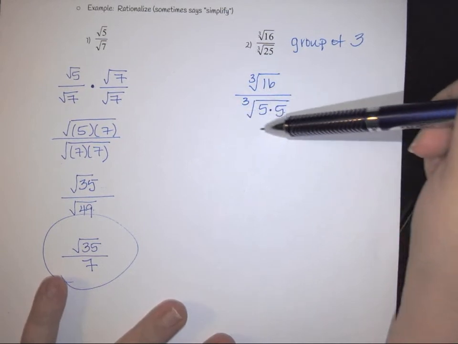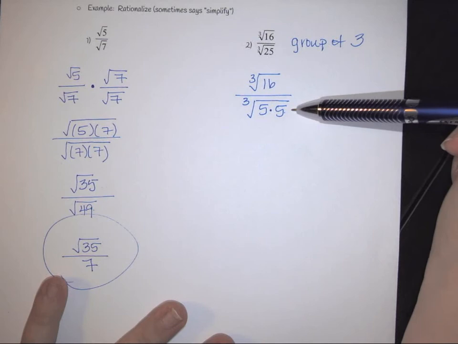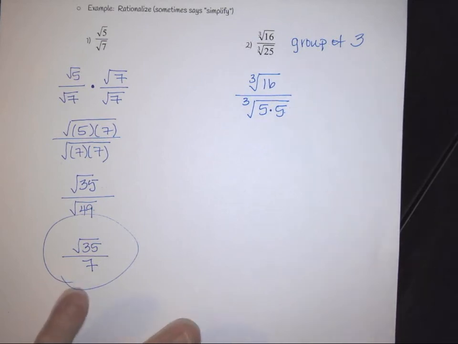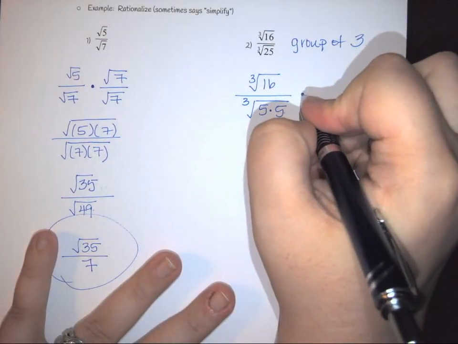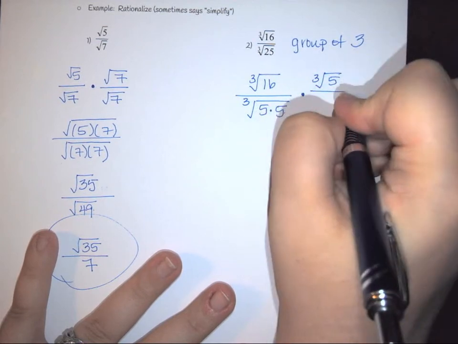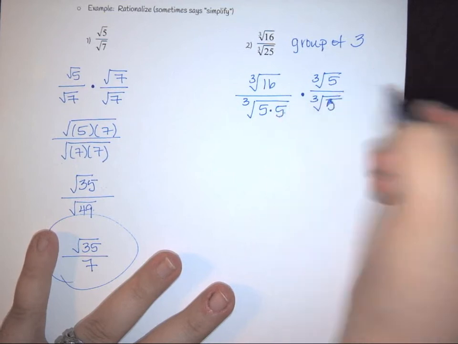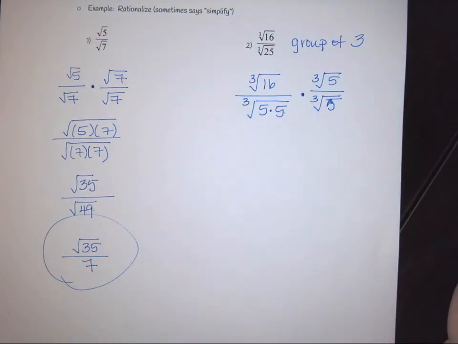So if I'm looking just at the bottom, what is missing? Well, in order to make this a group of 3, I'm missing a 5. So I have to multiply the top and the bottom by the cubed root of 5.